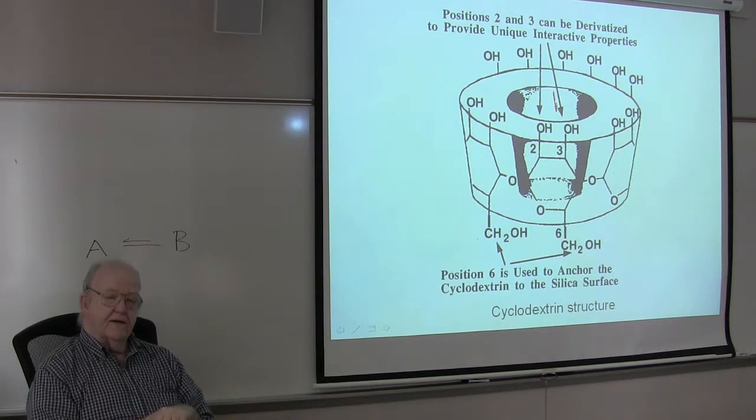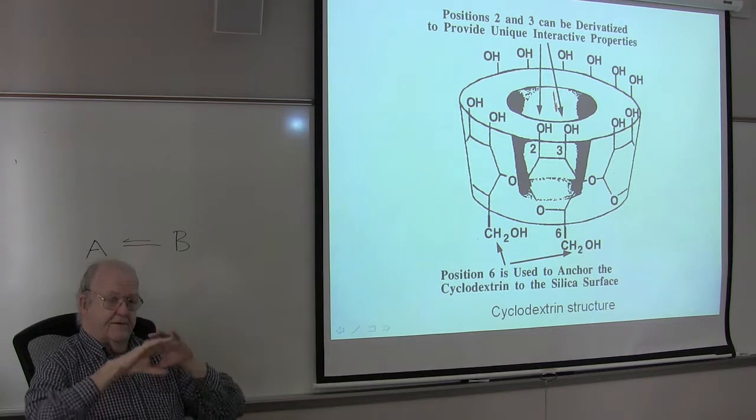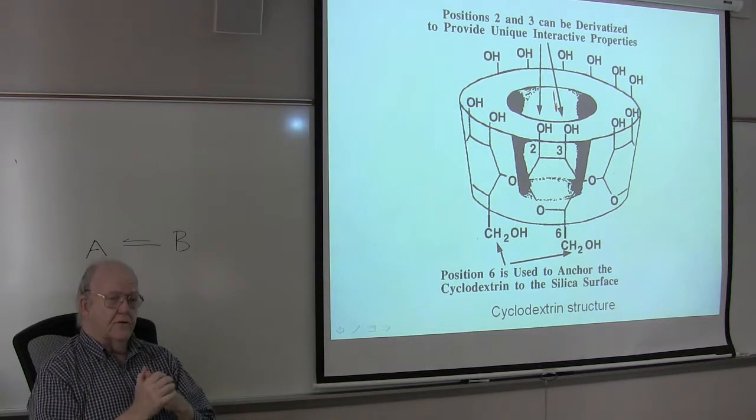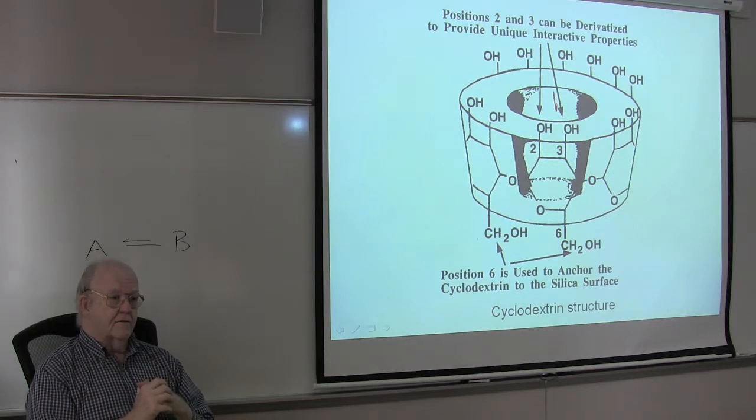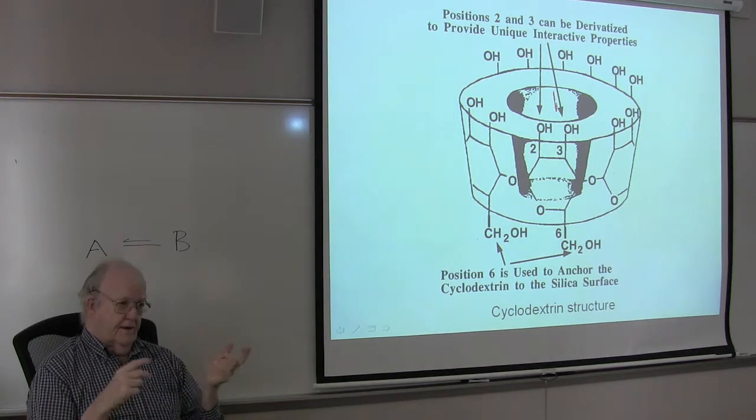But the cyclodextrin, since it's made out of an inherently chiral molecule, namely 5, 6, or 7 glucoses, is inherently a chiral molecule. And so it is capable of differentiating between optical enantiomers.